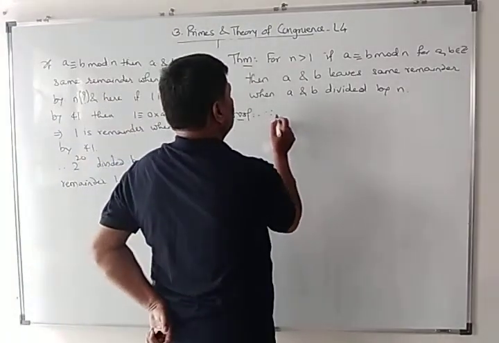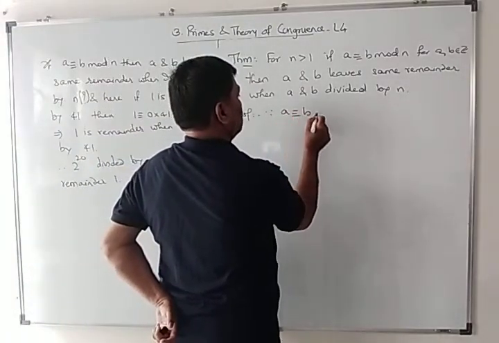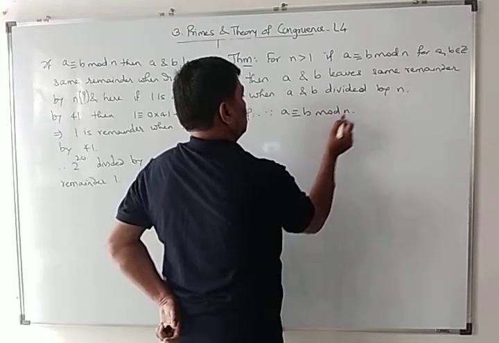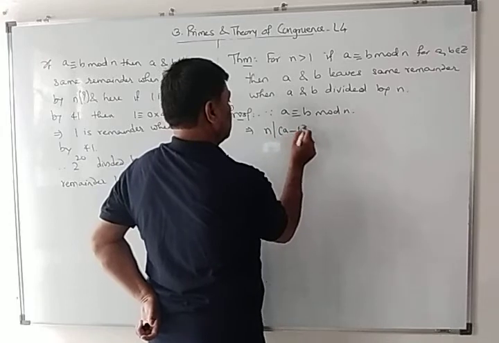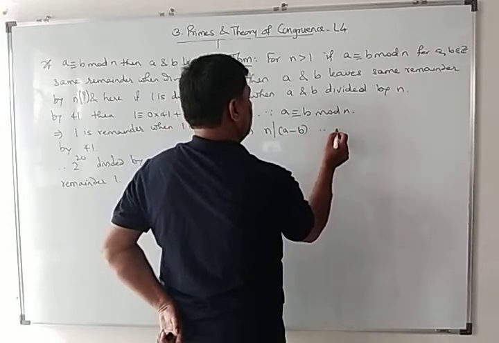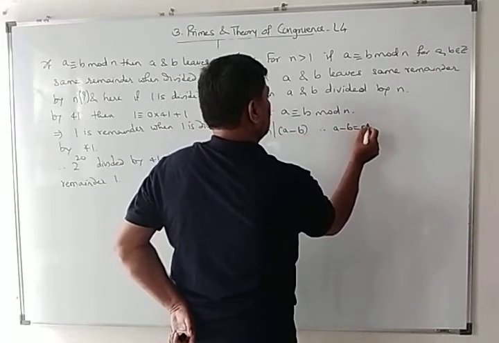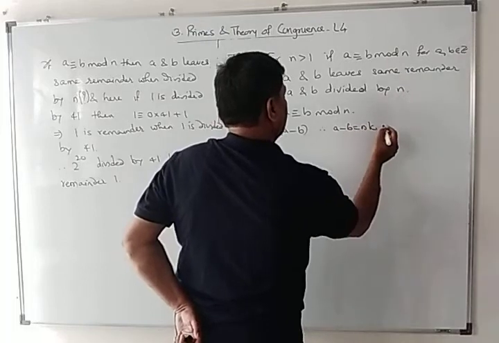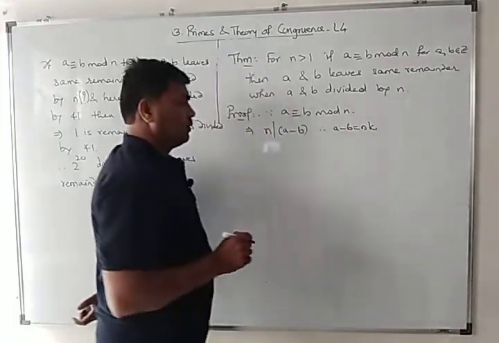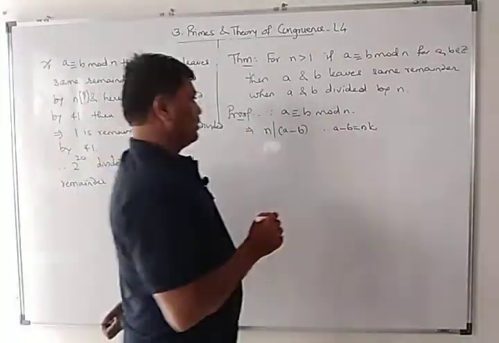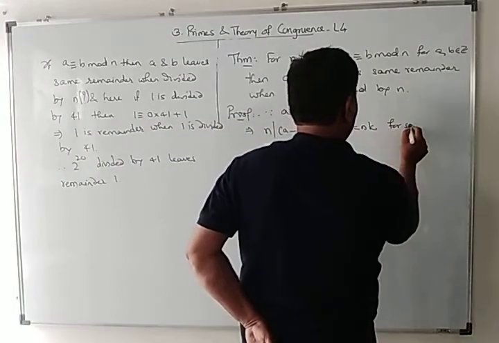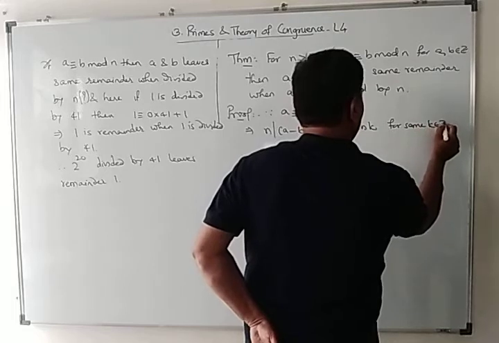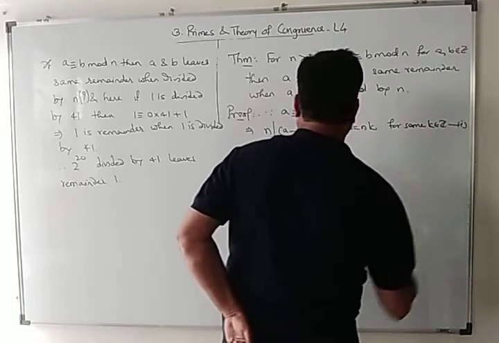Now since A is congruent to B mod n, this implies n divides A minus B, and therefore A minus B is equal to nk for some k belonging to Z. Call this 1.